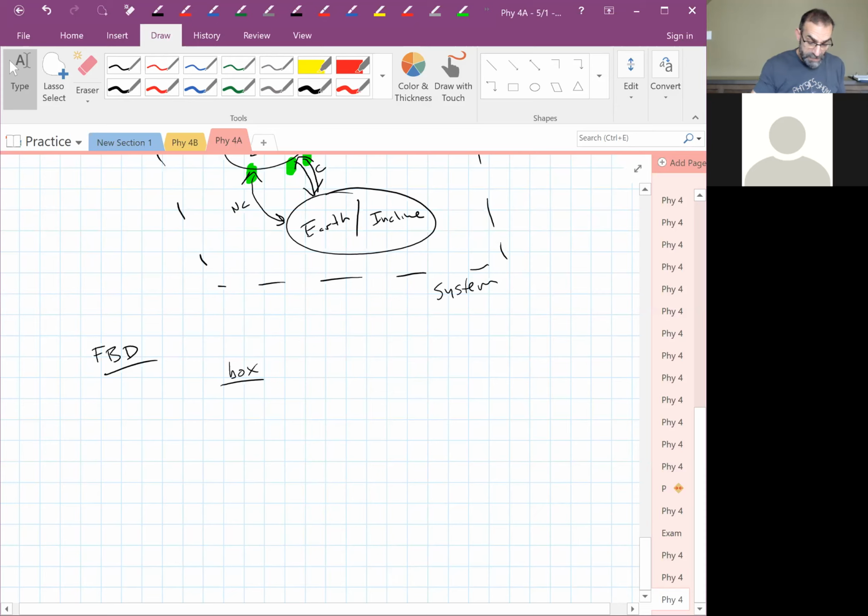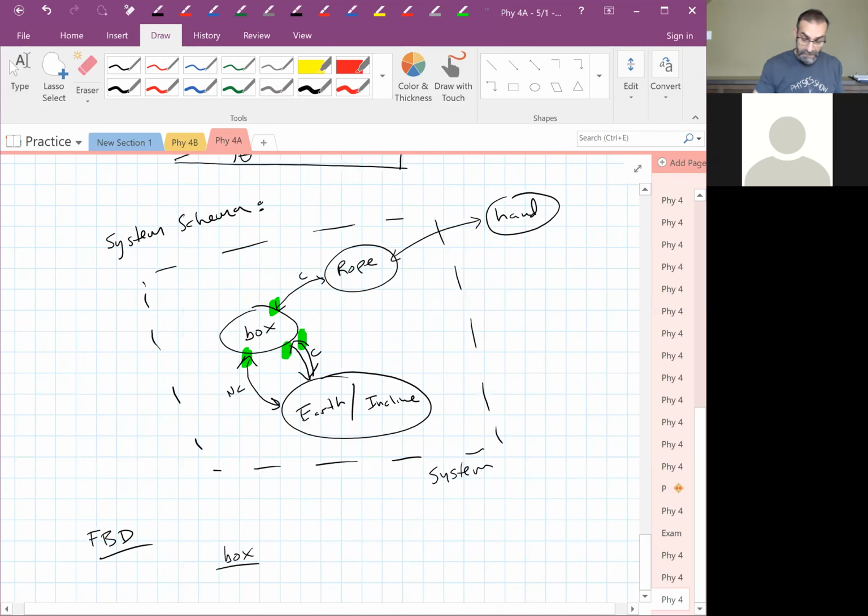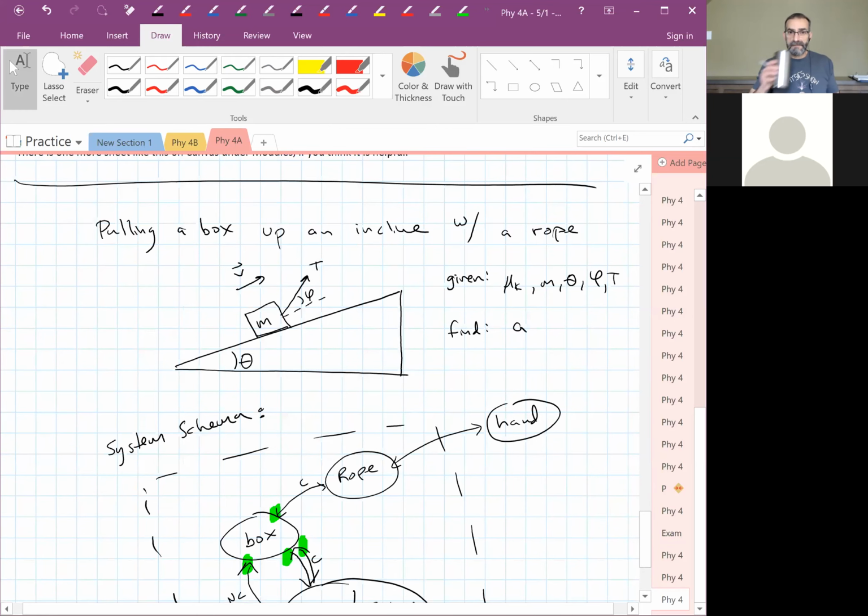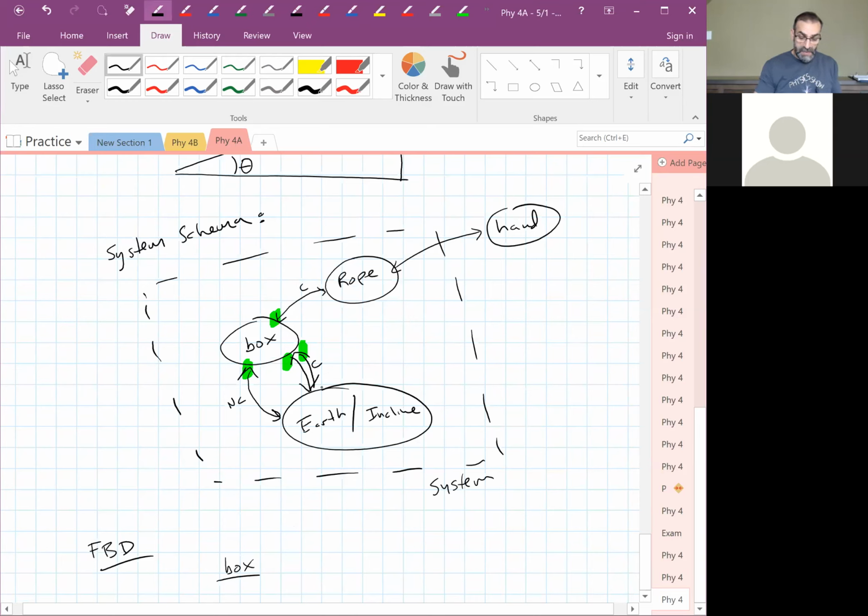So how would you draw the free body diagram for the box? I do the double-sided arrow because the contact between the box and the earth, we always break that up into two vectors, right? One is the normal force and one is the friction force.